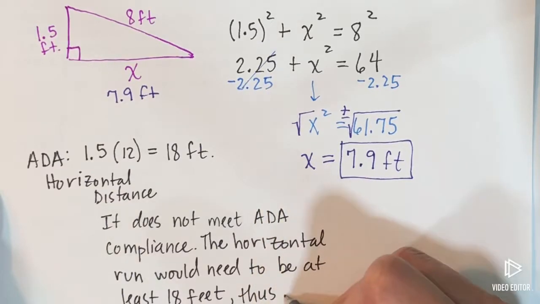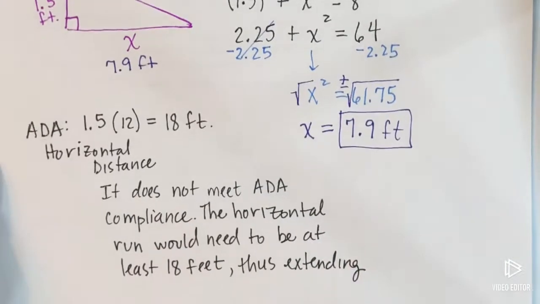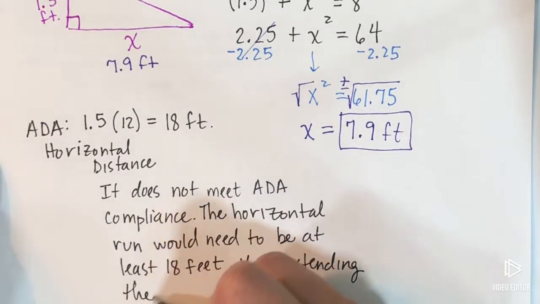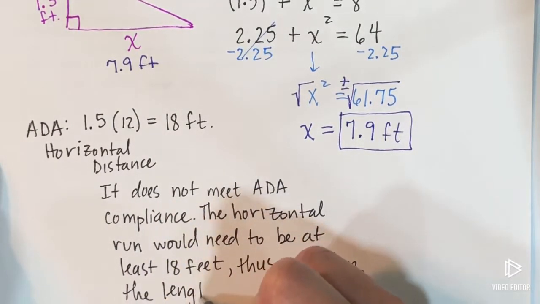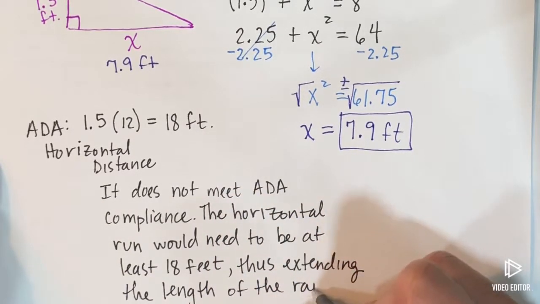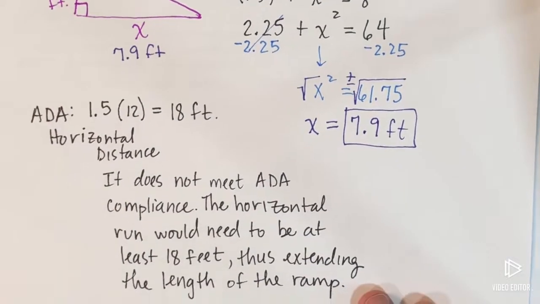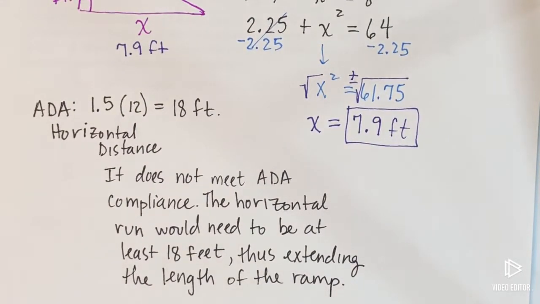Thus, extending the length of the ramp so that it's not so steep. Because the longer the ramp is, the less slope it has, if you think of it like slope.